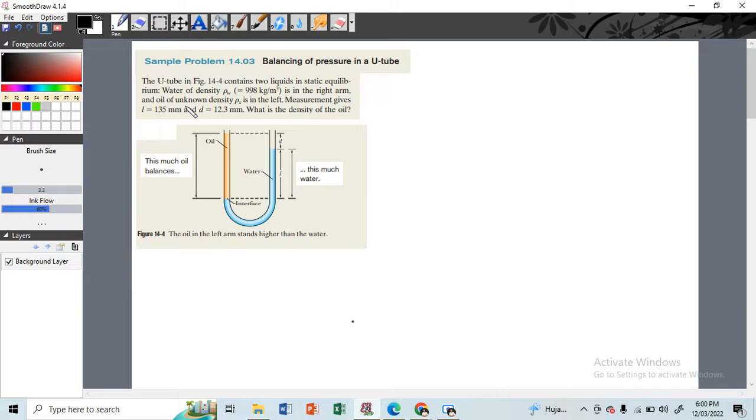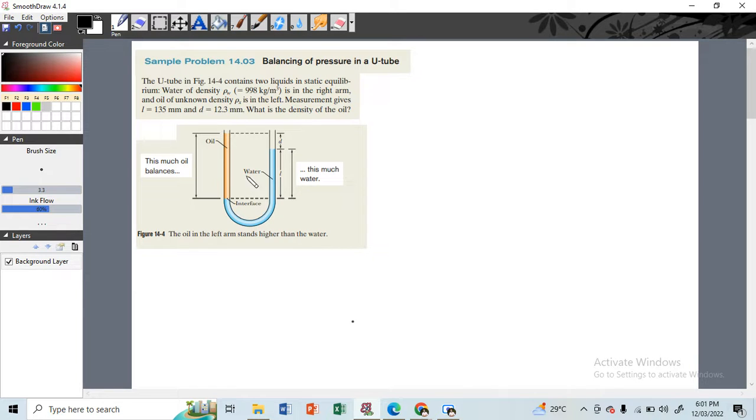And the oil of unknown density, which we call rho x, is in the left. Measurement gives L, the length of L is equal to 135 millimeter, and D is 12.3 millimeter. What is the density of the oil? So we need to find the density of the oil.